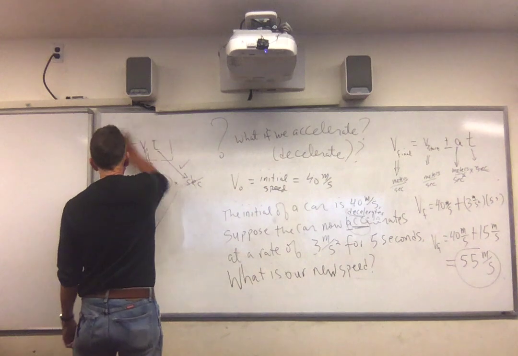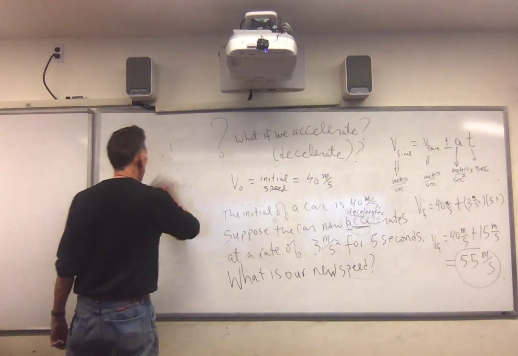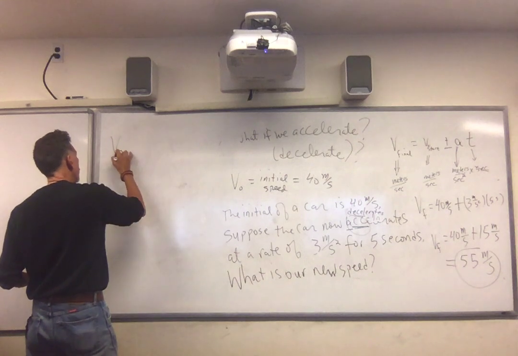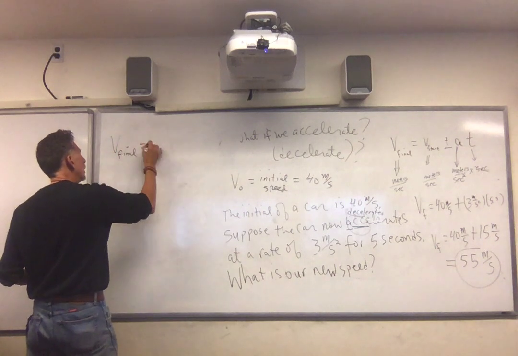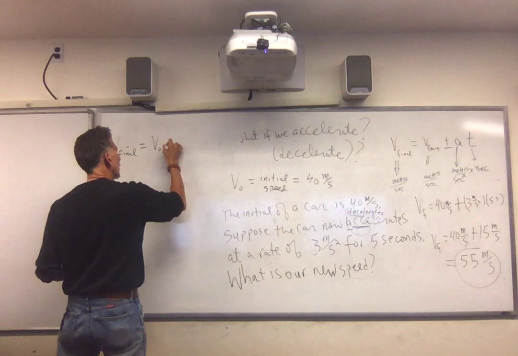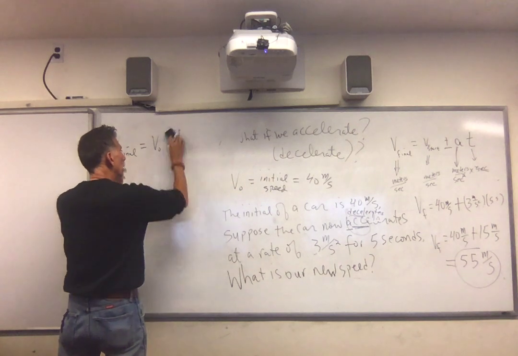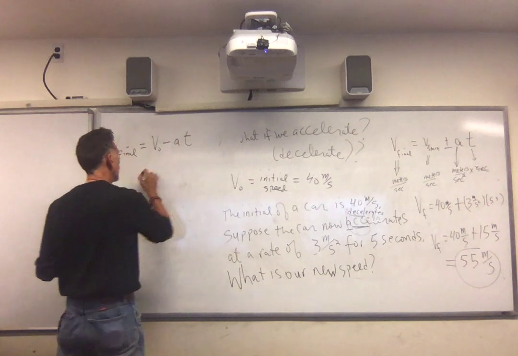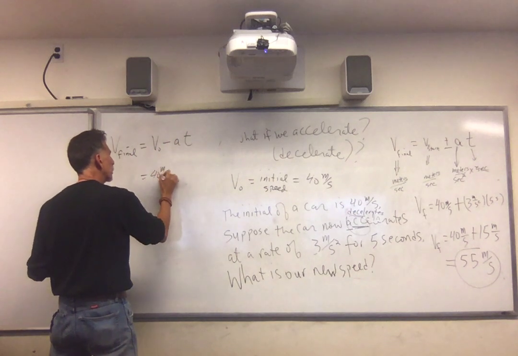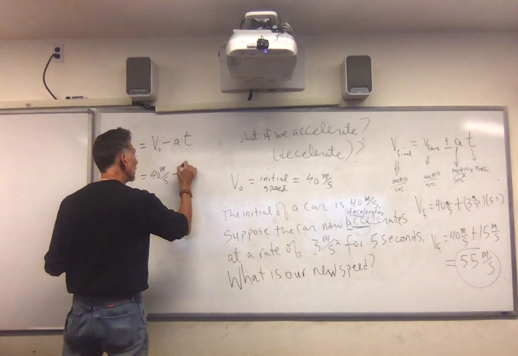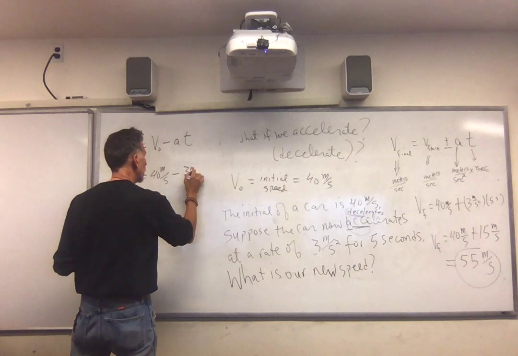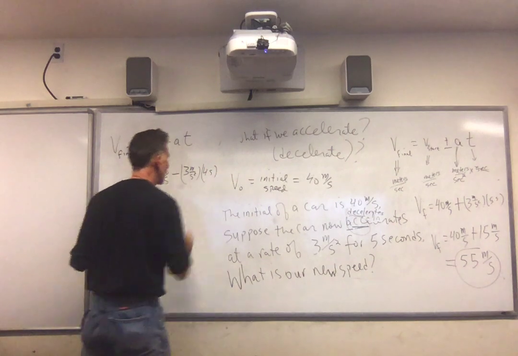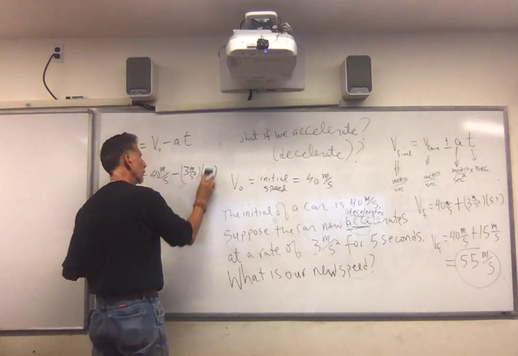We use the same equation, except now instead of adding, we're going to subtract. So V final equals V0, the initial, plus, I just said we're decelerating, minus AT. So it would be 40 meters per second minus 3 meters per second squared times 5 seconds.